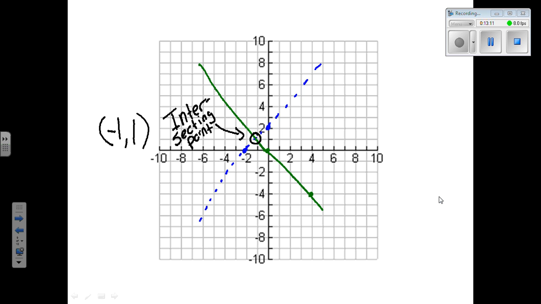So next I want to prove to you why we're going to use an open dot.